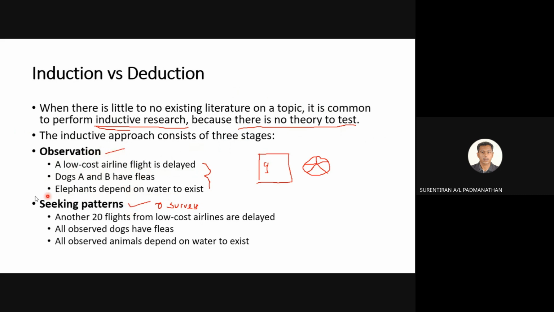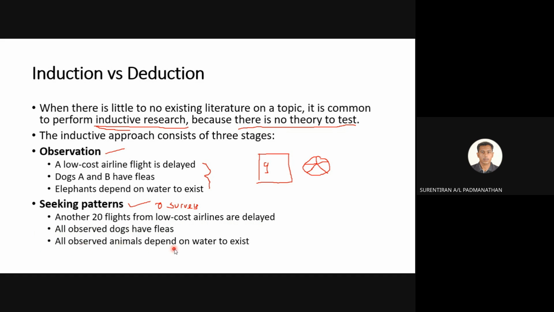Then after that, seeking the patterns. Okay, so another 20 flights. So first, a low cost airline flight is delayed. Another thing, seeking the patterns. So you keep on observing and you see the pattern. Another 20 flights from low-cost airlines are delayed. All right. All observed dogs have fleas.